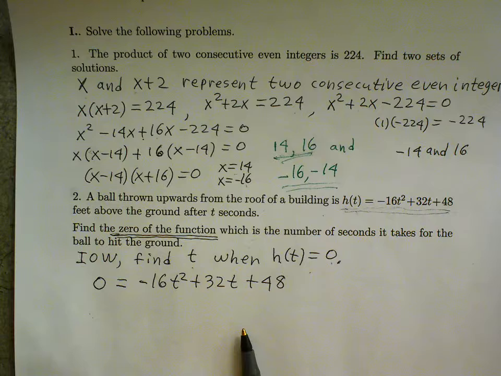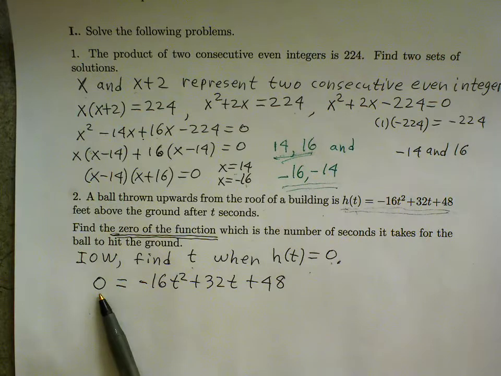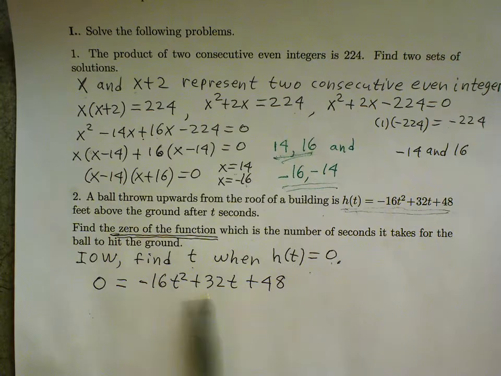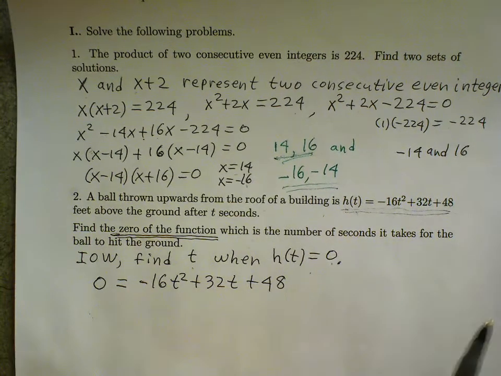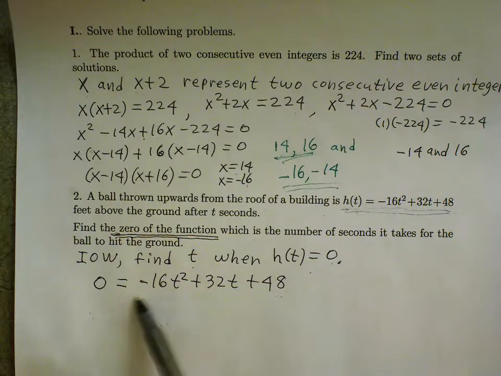Well, the topic in recent days has been solving equations by factoring. So if we solve an equation by factoring, we want one side to be 0, and we have that. And then we want to see if we can factor the other side. The greatest common factor of the three terms in the trinomial is 16.